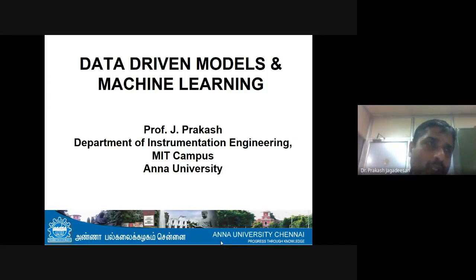Whether we build models using machine learning techniques, there are certain things we have to follow scrupulously, and I would like to cover that in the first part of my lecture, so that we can build accurate models and thereby carry out accurate predictions. With that perspective, I'm going to cover the first part of the lecture.